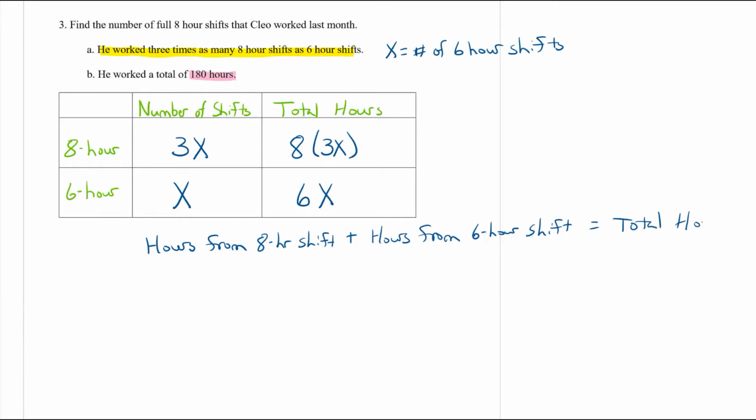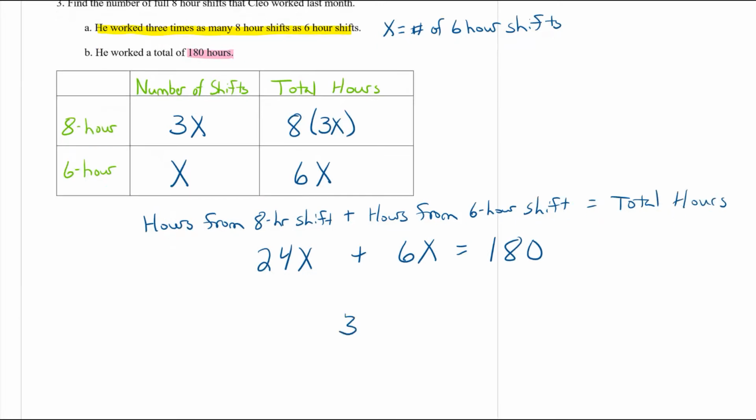Again, you don't need to write that out each time, but I want you to see where this is coming from. So 24x, or 8 times 3x, is going to be the hours that were earned from 8-hour shifts, and 6x are the hours earned from the 6-hour shifts, and all together we know he worked 180 hours. So we can see that we have part plus part equals whole.